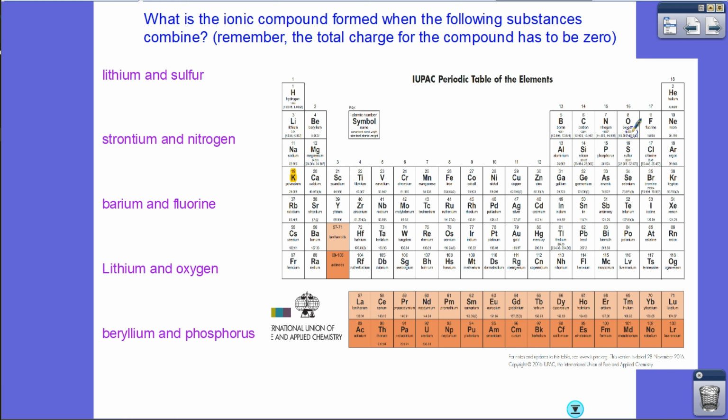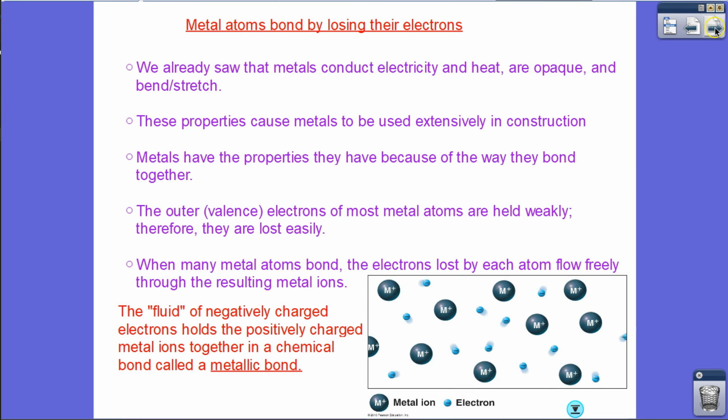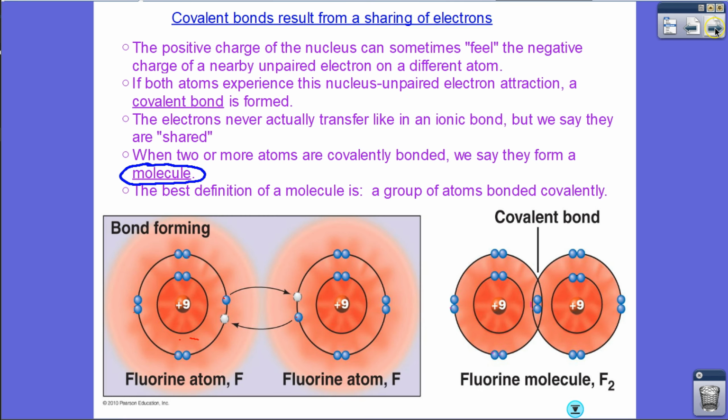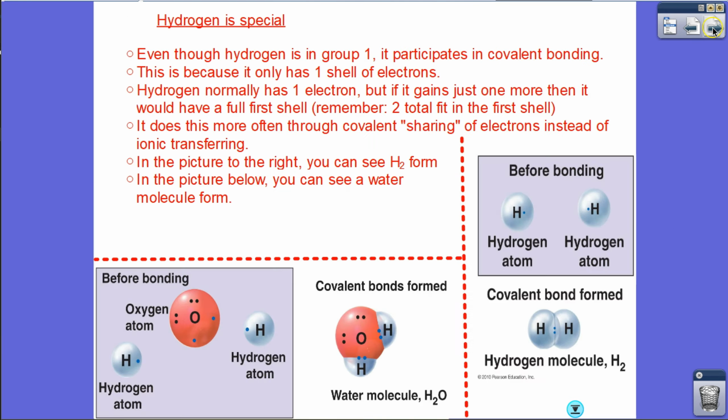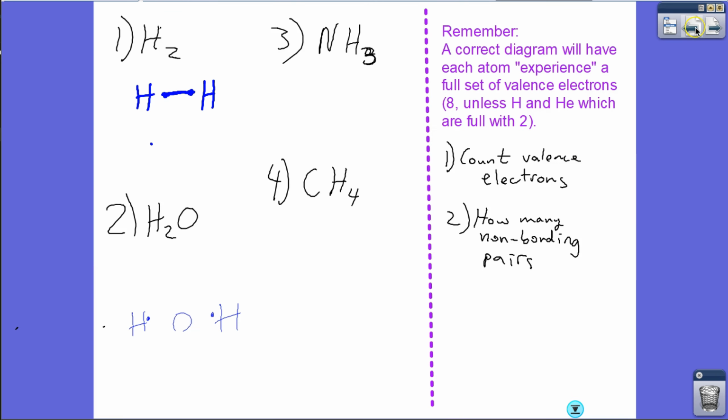And then to figure out how many non-bonding pairs an atom has, there's really two ways. You can memorize that this group has 1, this group has 2, this group has 3, but I think the easier way is to just start drawing the dots and follow the rule that you first space them out from each other, like this. One on top, one on the right, one on the bottom, one on the left.